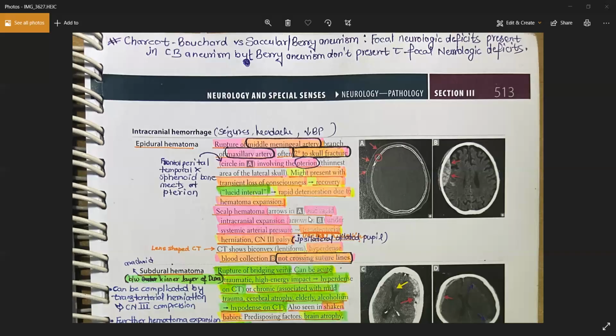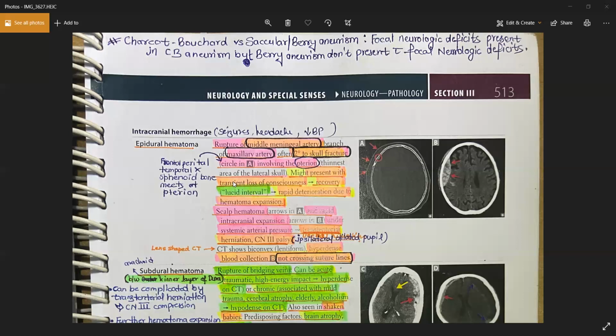The patient will first lose consciousness after the rupturing of this artery. Then they will have a recovery, where they suddenly wake up from that unconsciousness. This is known as the lucid interval. They remember everything, but actually they are very much confused about what happened to them.